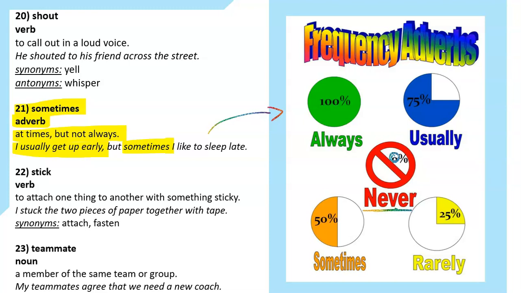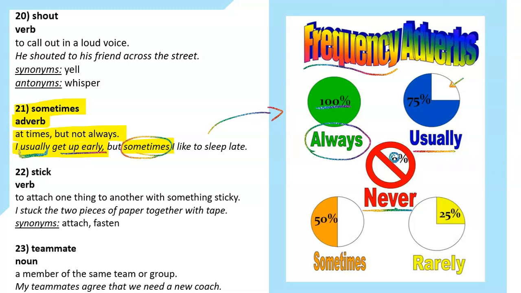But we have other adverbs that we can use to talk about how much you do something. Do you do it always, 100% of the time? Or usually, that means almost always, but maybe not exactly always. Like here in the sentence, I usually, so almost always, I get up early.